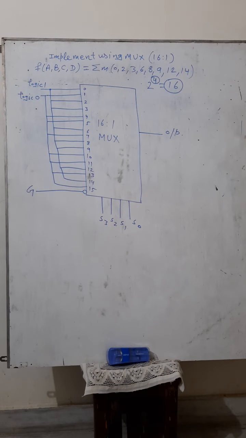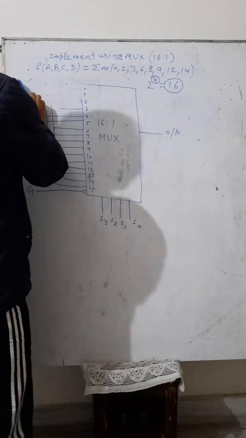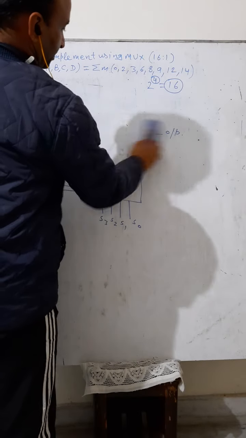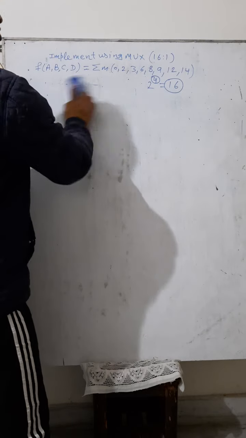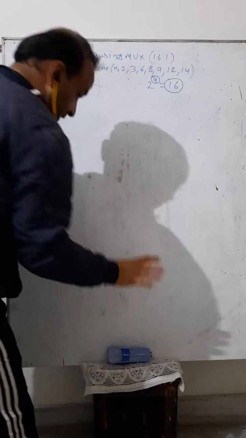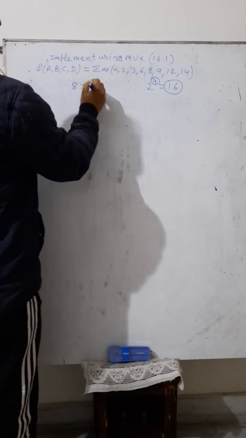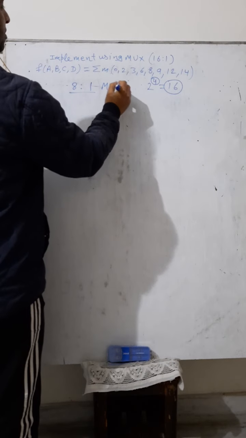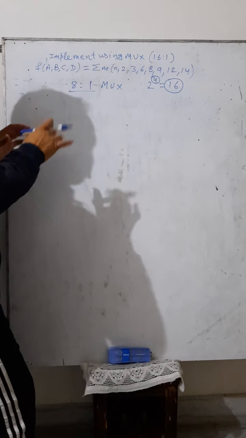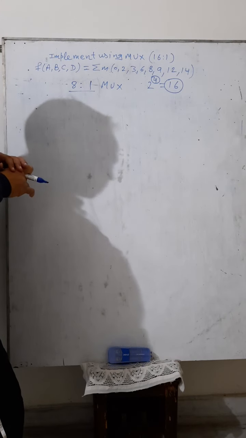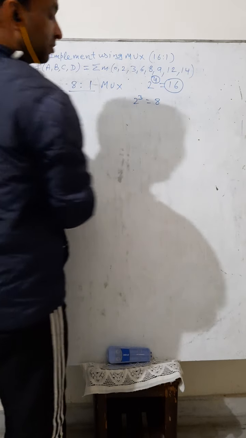So if you want to implement some other mux, take the example that we want to implement an 8 is to 1 mux. Firstly, what will be the number of select signals? 2 raised to power 3 is equal to 8.